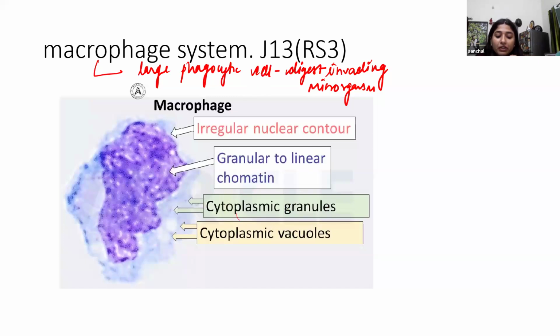They take various forms with various names throughout the body, like Kupffer cells, alveolar macrophages, microglia, and others, but all are part of the mononuclear phagocyte system. The macrophage system is a very important system responsible for providing the defense mechanism through phagocytosis, so that it can easily eliminate all the foreign antigens, bacteria, and pathogens which have illegally entered inside our body.